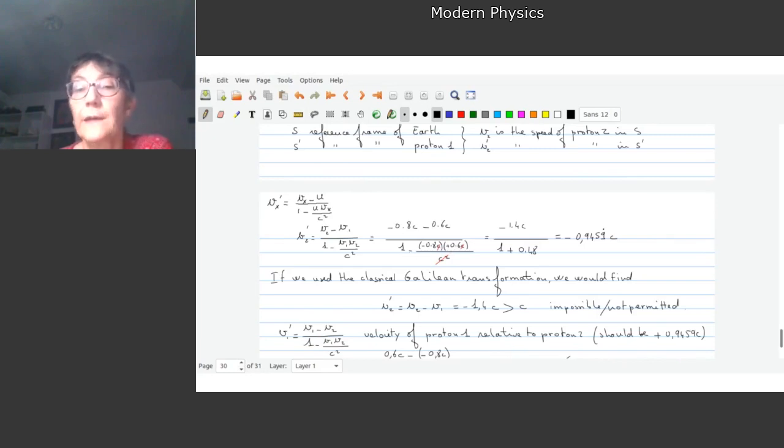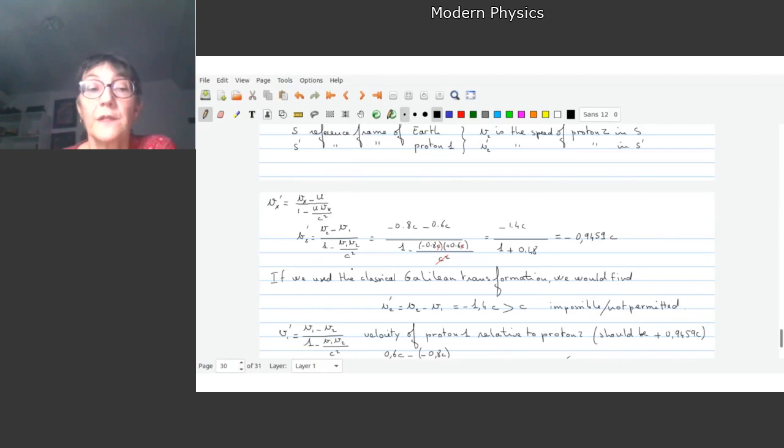You write everything, and at the end you will find that the second proton has a velocity of minus 0.95 c, as measured in the reference frame of the first proton.